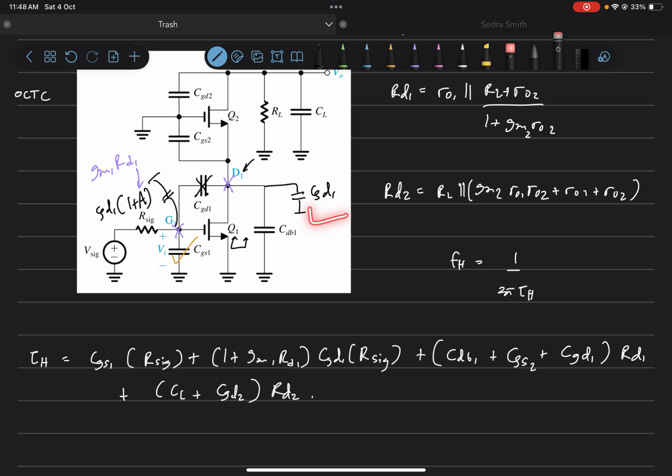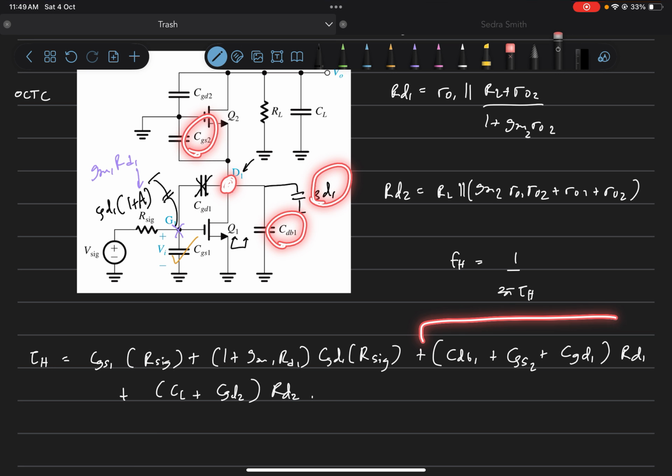Now for CGD1 at the output side, which was CGD1 into 1 by A factor, that 1 by A we can assume to be close to 0, because A is large, assuming GM1 RD1 is large, such that we can neglect 1 by GM1 RD1 with respect to 1. With this, we can club these capacitors: CDB1, CGD1 as well as CGS2, because all of these capacitors are from D1 to ground.